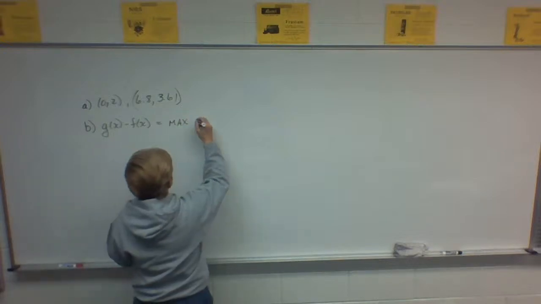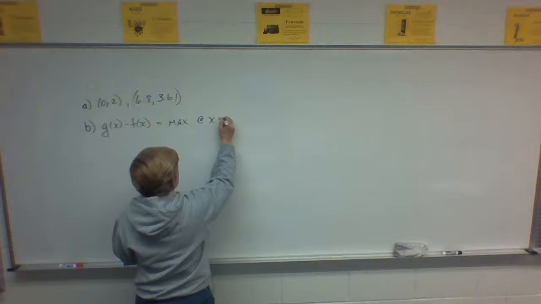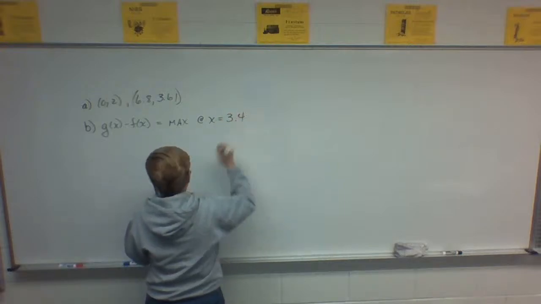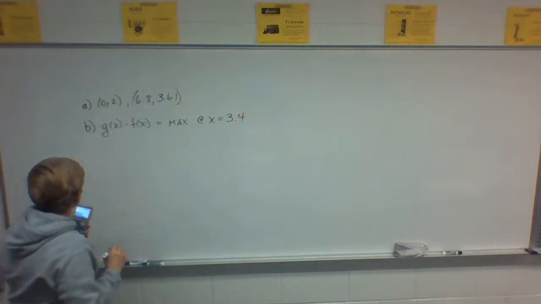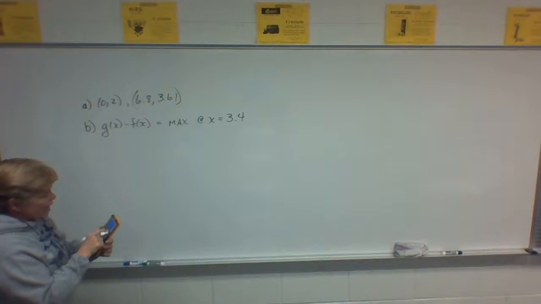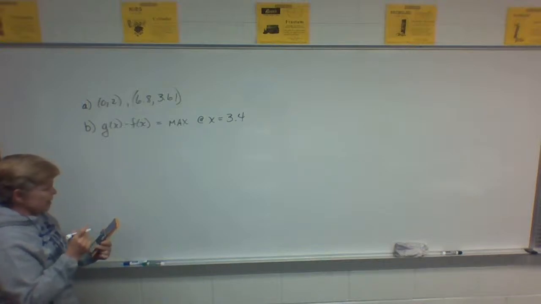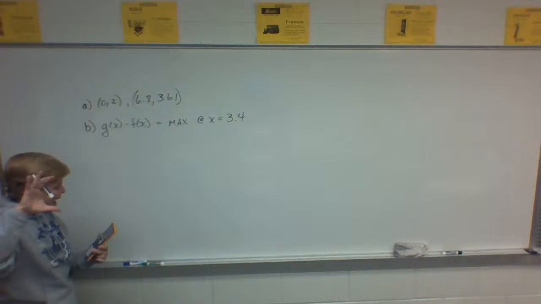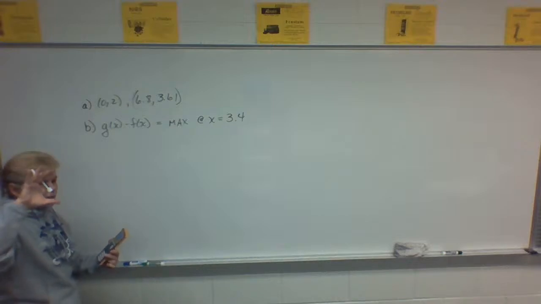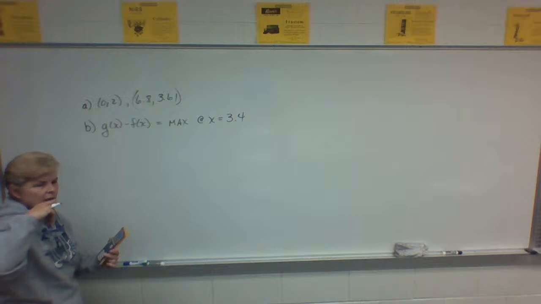That's not too bad. It's an easy problem. Okay, so what the y value tells you, the 8.009, just in case you're wondering, tells you how far apart they are at 3.04, which is the maximum distance between them, and it's 8, I think.